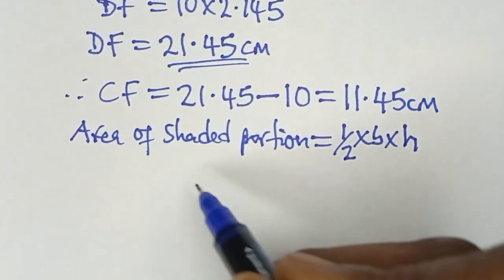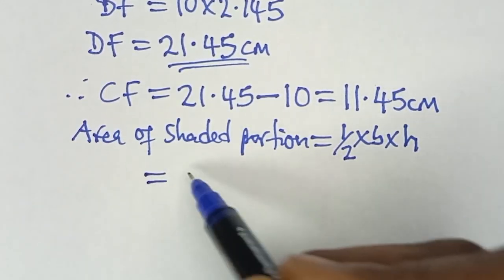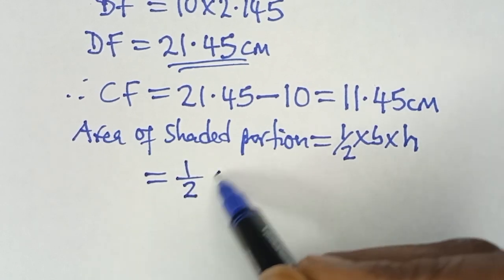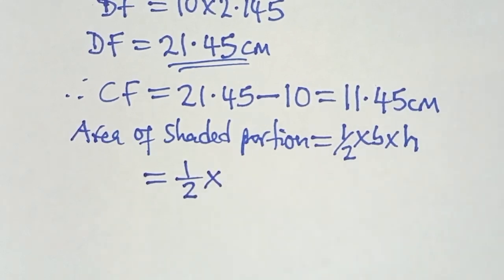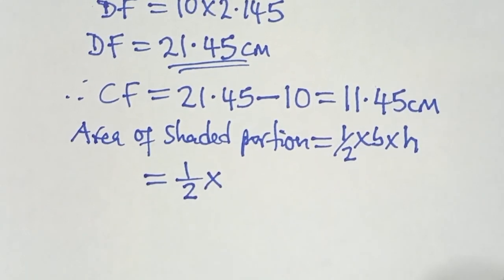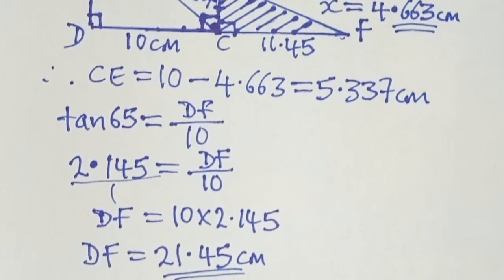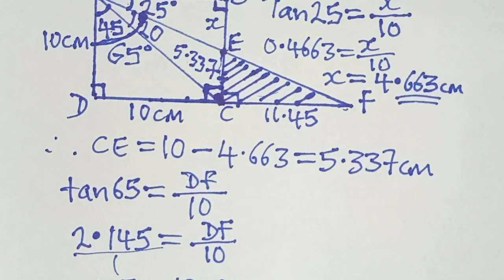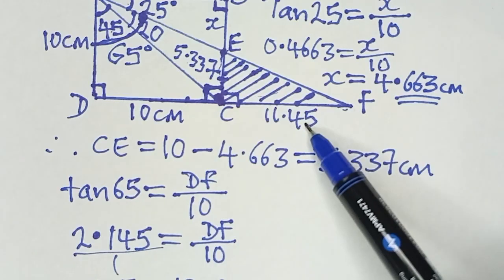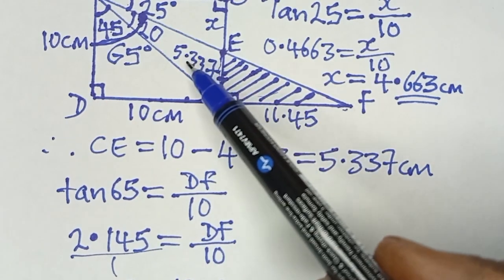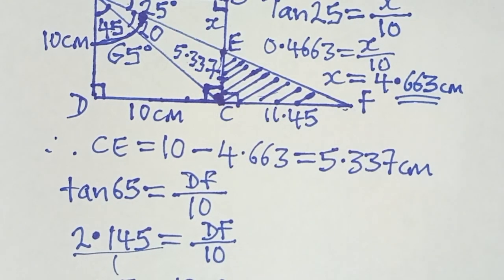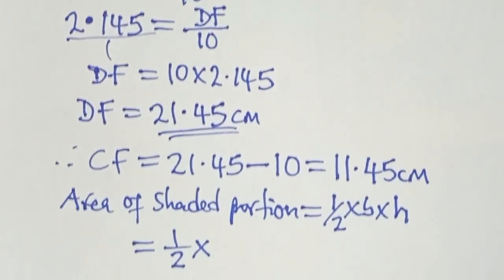And that will be equal to half multiplied by the base, which is 11.45. You can see it again. The base is 11.45 and the height is 5.337. So let's apply that to the rule here.